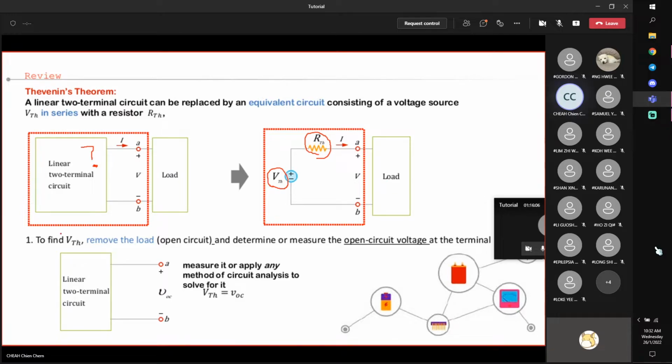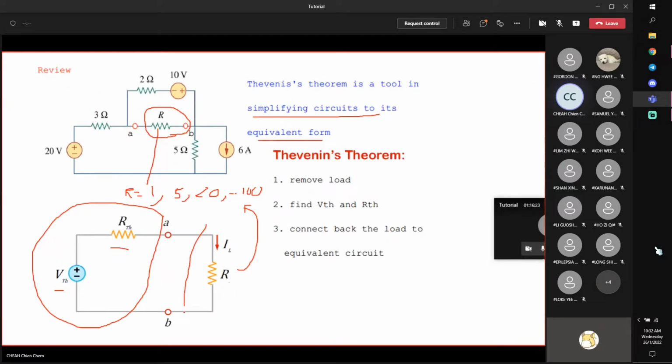So the first step of Thevenin's theorem says that you remove the load. When you remove the load, you get this circuit. To find VTH is to find the open circuit voltage after removing the load. After removing the load, this is open, and your VTH will be your VOC, because no current flows through it when it's open, so no voltage drop.